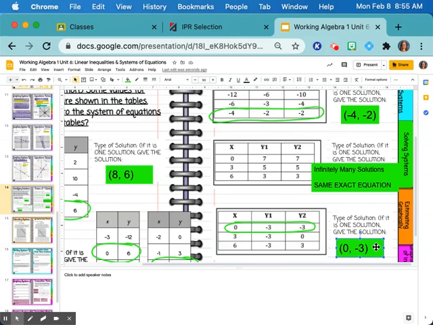So finding the solution from a table isn't too difficult. You're just looking for the match, the same exact point where y1 and y2 are the same on the same x.